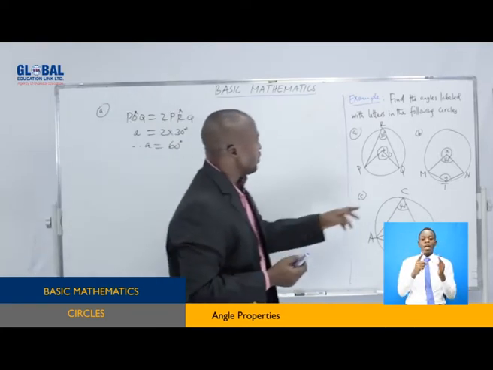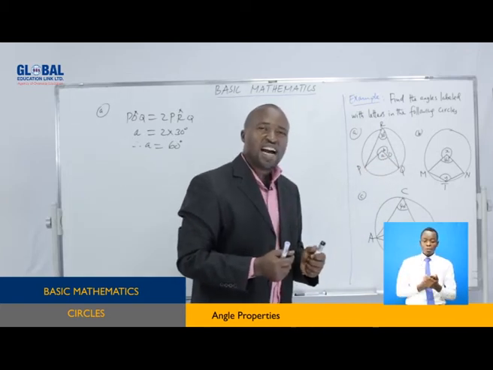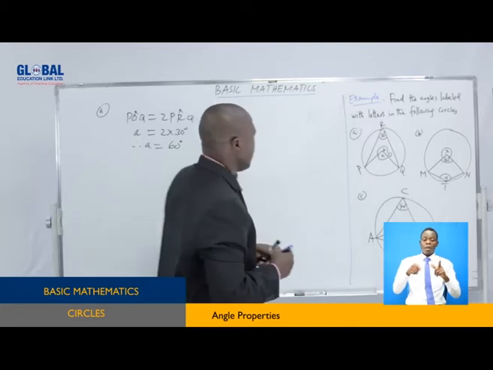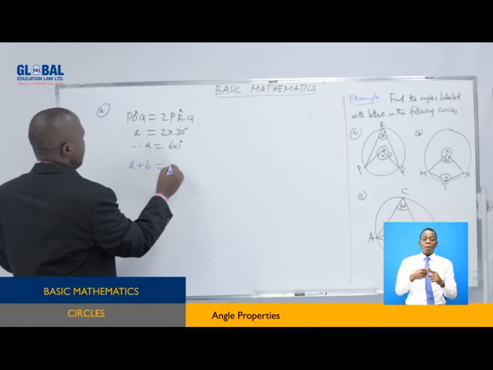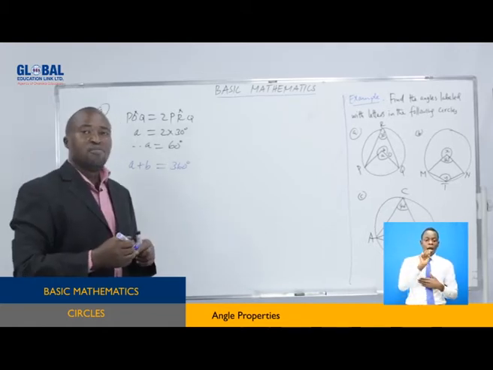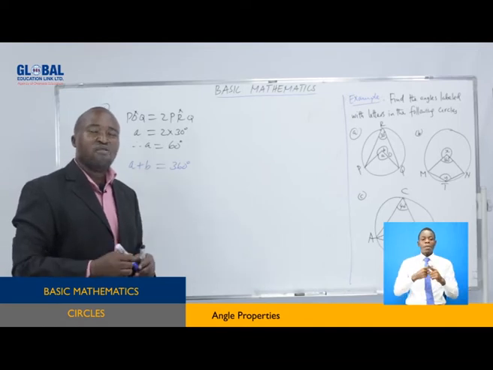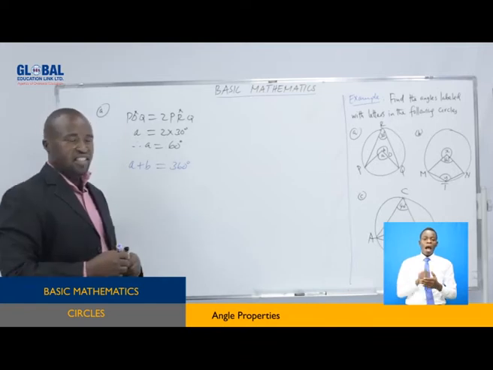Now for B, remember, the sum of angles at the center of the circle is equal to 360. So in this case, we say A plus B is equal to 360 degrees. That is the sum of angles at the center of the circle. Now remember, A is equal to 60.